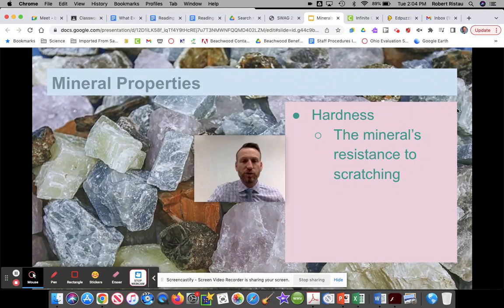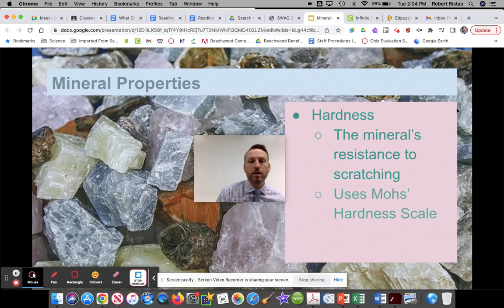Now, to really help with the classification part, a geologist a long time ago by the name of Frederick Mohs came up with the Mohs hardness scale. And it's a ranking system so that it really categorizes for us the hardness of a mineral and where that mineral would fall. And it's a simple scale.